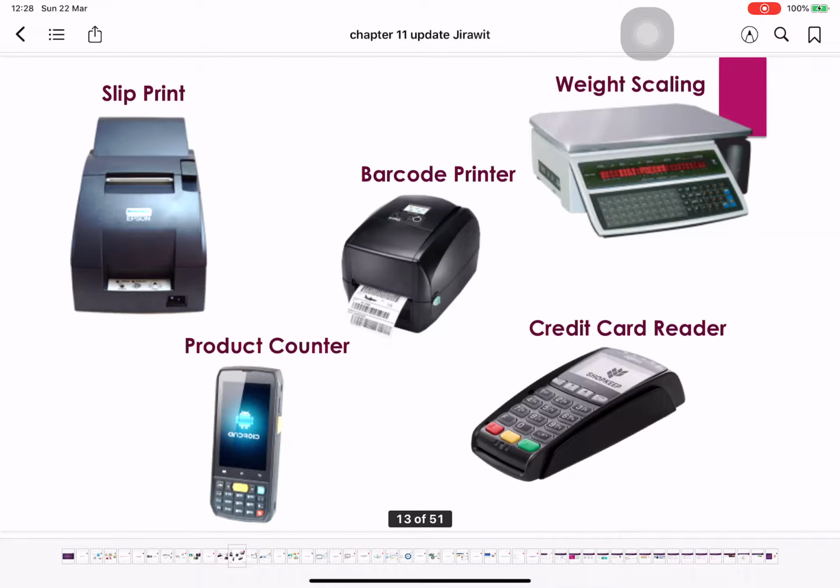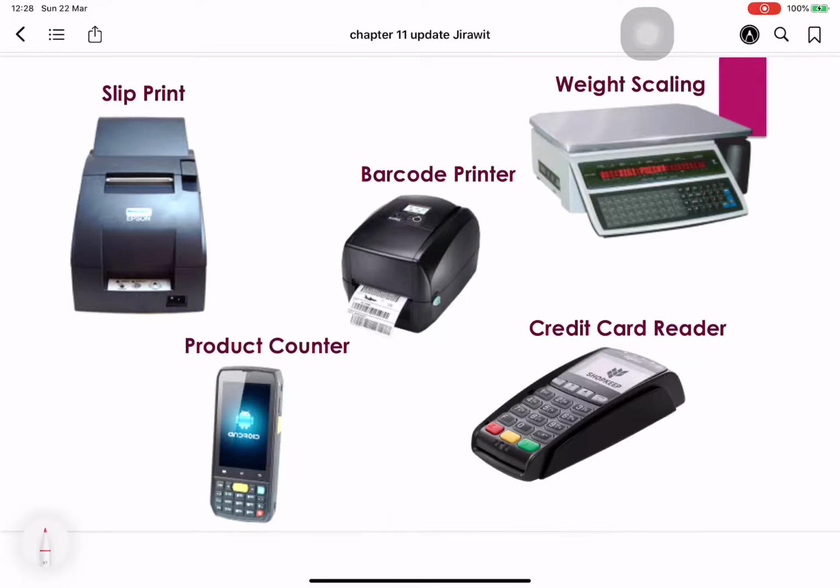This is an example of devices used for point of sale: a slip printer, barcode printer, weight scale, credit card and debit card reader, and product counter.